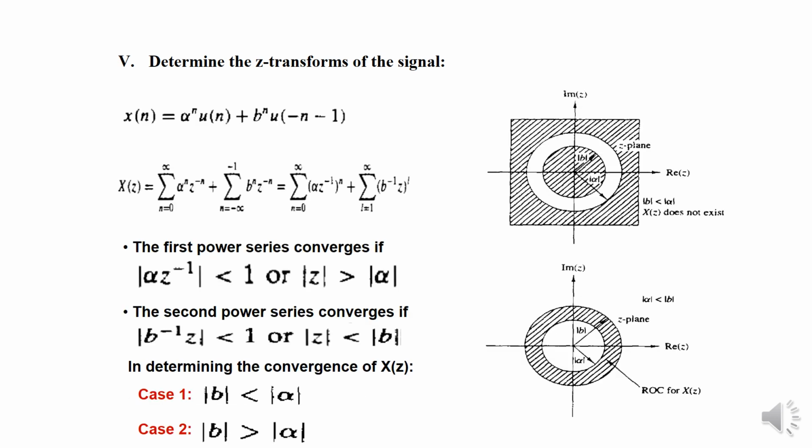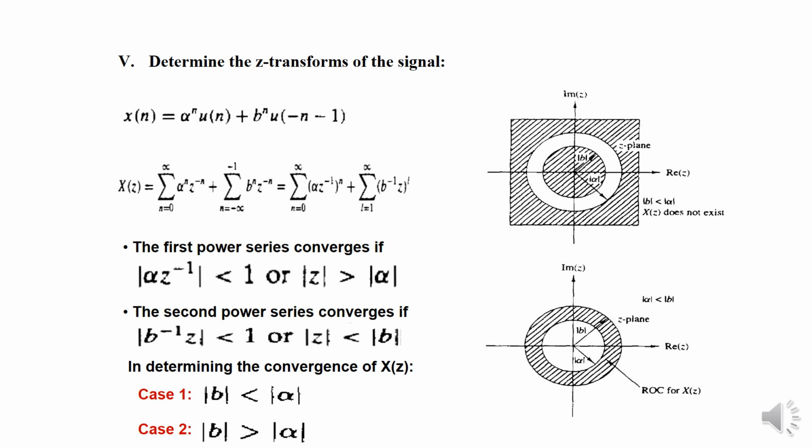Next one, determine the z-transform of the signal x[n] equals a to the power n u[n] plus b to the power n u[minus n minus 1]. When you have u[n], that means the n values are from n equals 0 to infinity.